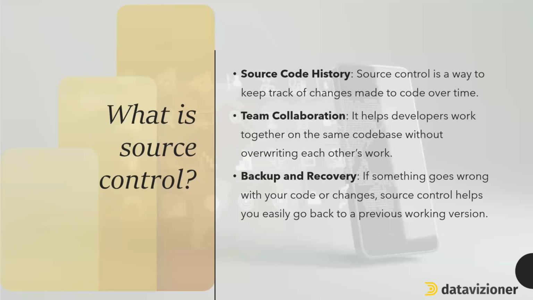Let's say we have 20 developers, and we are all working on the same piece of code. Without a mechanism that controls the changes, tracks the history, and has a mechanism for backup and recovery, merging all of the changes and different code together would be a big, massive problem for development groups.